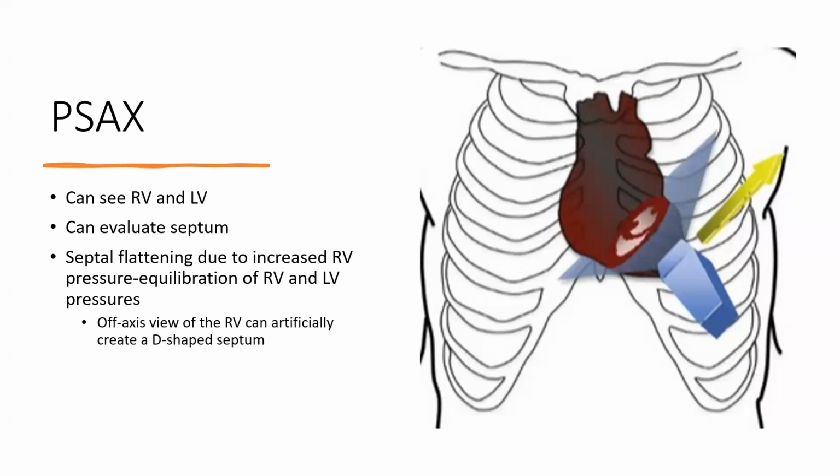You can also take a look at septal position. We can see septal flattening in conditions that are causing right ventricular hypertension. But it's important to get an on-axis view. An off-axis view can inaccurately create a D-shaped looking ventricle. So the best way to do that is to get a really good parasternal long axis and then rotate 90 degrees, and you should be on axis.